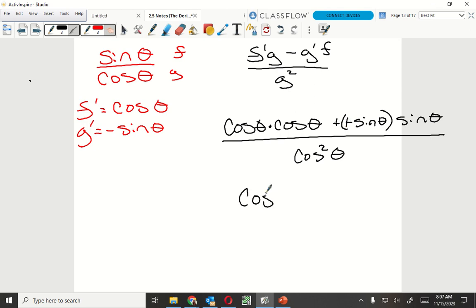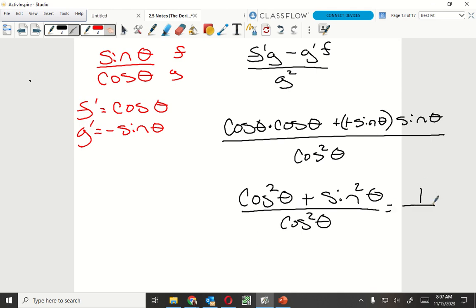So it's cosine squared theta plus sine times sine, sine squared theta, all over cosine squared theta. That is 1. Good job. Cosine squared plus sine squared is going to give me 1. So that turns into 1 over cosine squared theta.